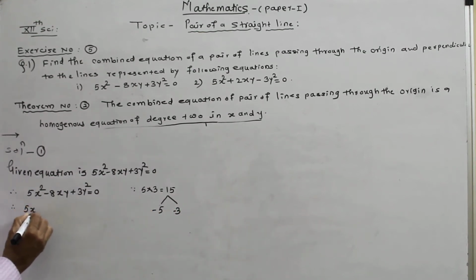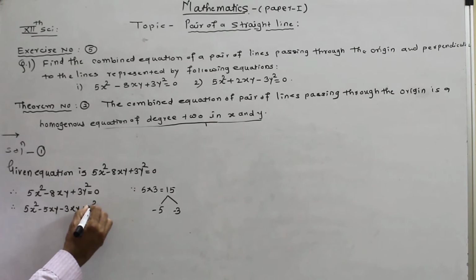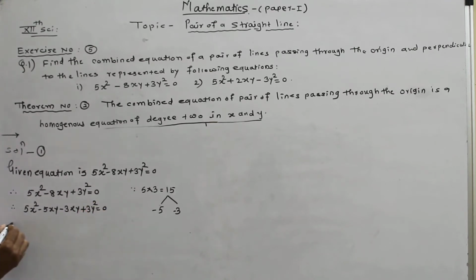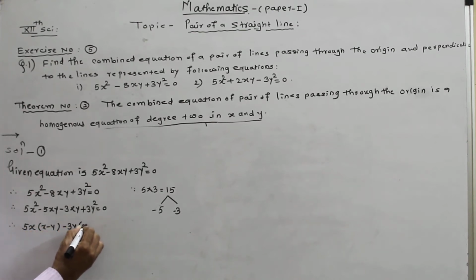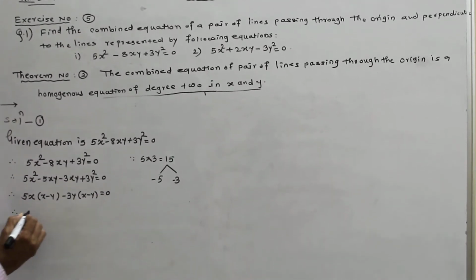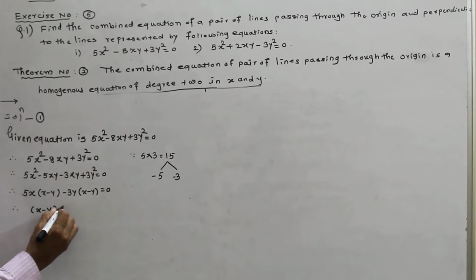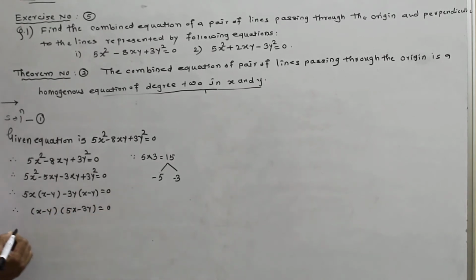So 5x square minus 5xy minus 3xy plus 3y square is equal to 0. Therefore 5x into bracket x minus y, minus 3y into bracket x minus y is equal to 0. So here (x minus y) and (5x minus 3y) is equal to 0.